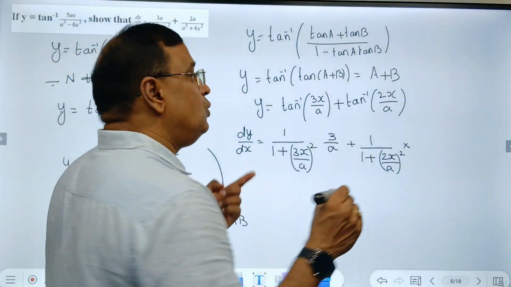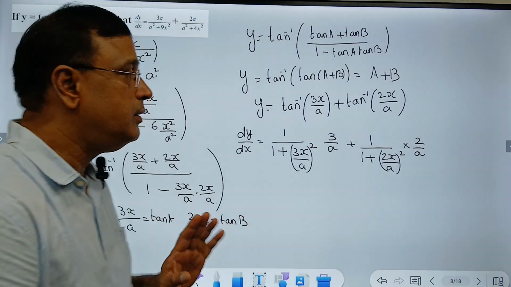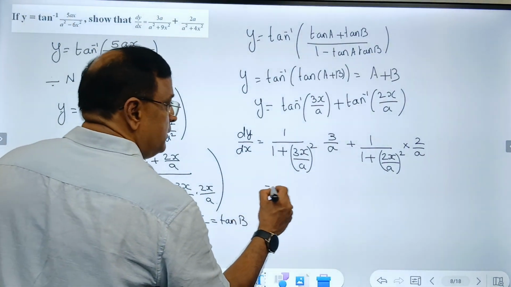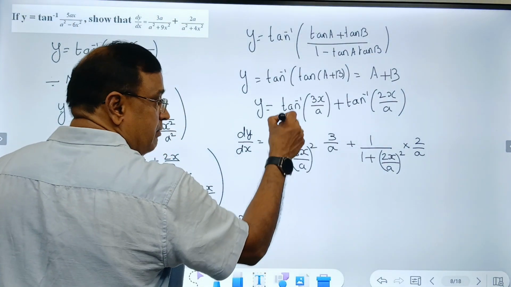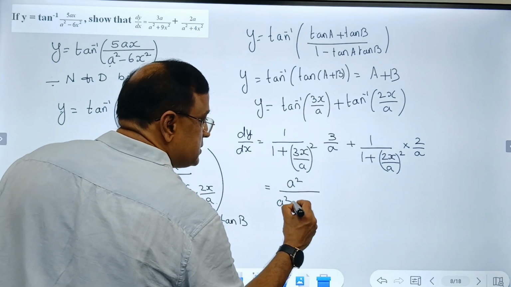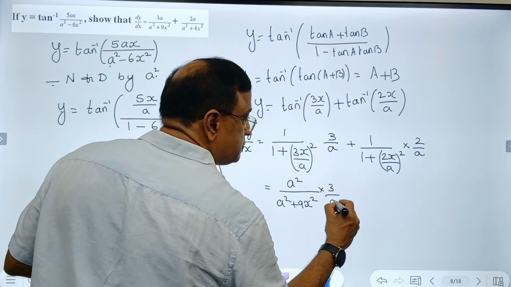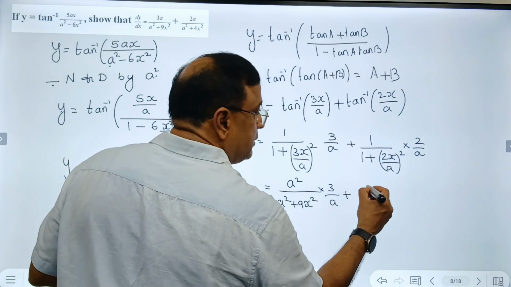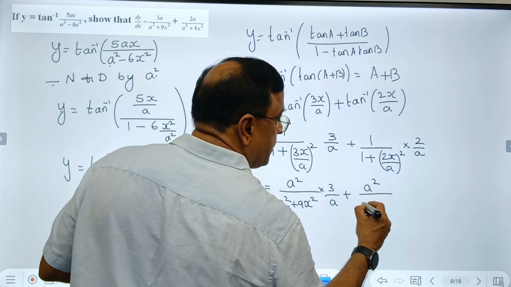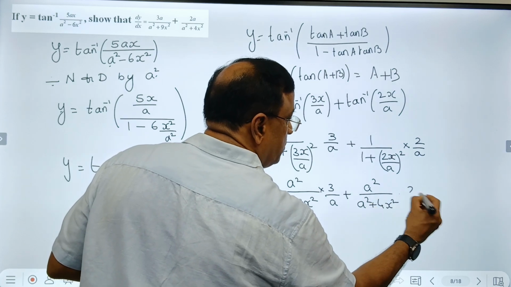what is the differentiation of 2x by a? 2 by a is a constant. Differentiation of x is 1. Now take LCM. This will become a square, and this a square will come up, divided by a square plus 9x square, into 3 by a, plus, again a square will come up, LCM a square plus 4x square, into 2 by a.